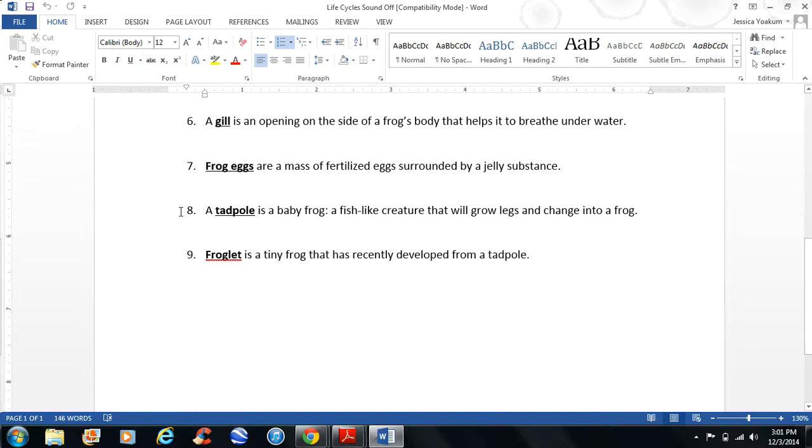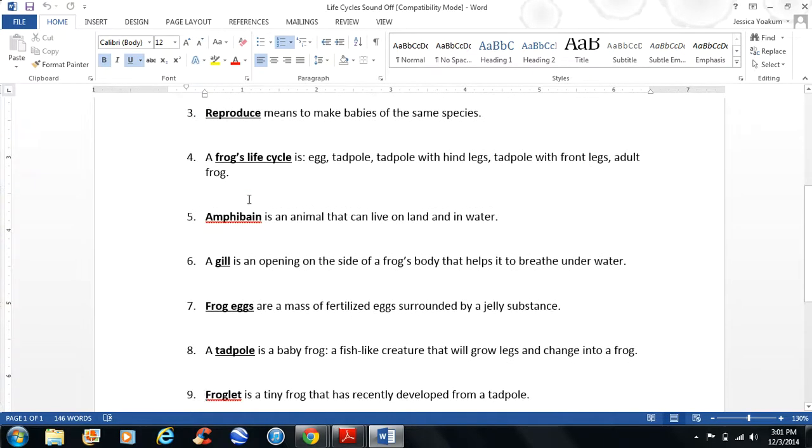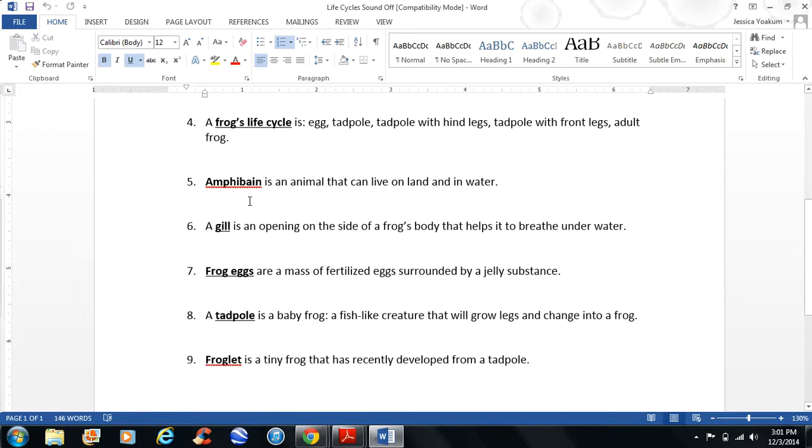Number 8, a tadpole is a baby frog, a fish-like creature that will grow legs and change into a frog. Number 9, froglet is a tiny frog that has recently developed from a tadpole. So we have a few new vocabulary words. We're going to be going over these words within our lesson, and we're also going to be going over them a little bit more in class.